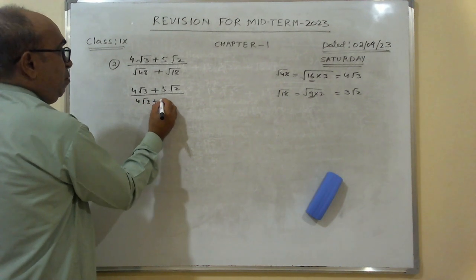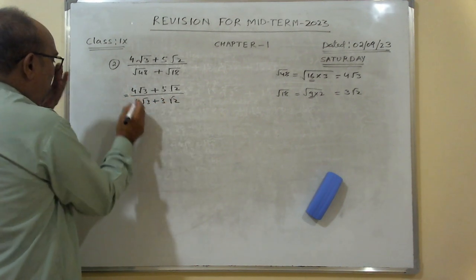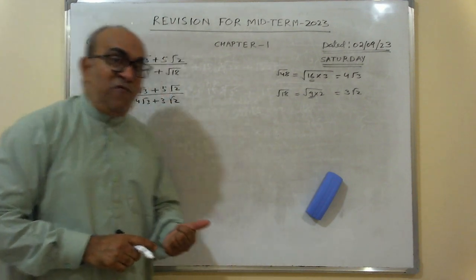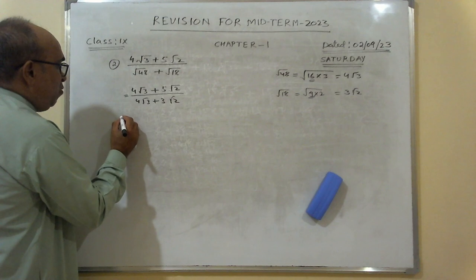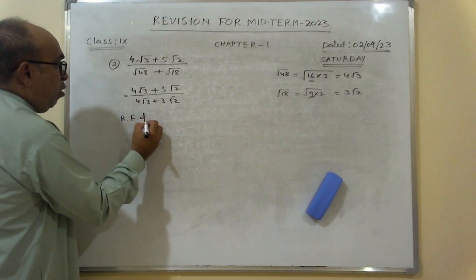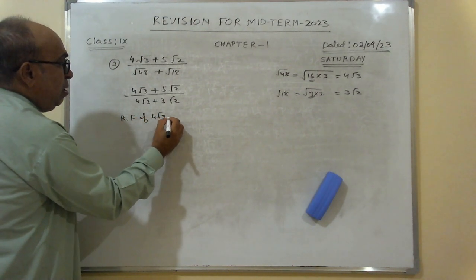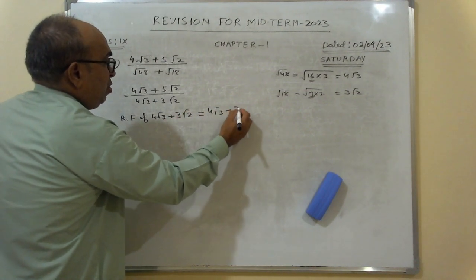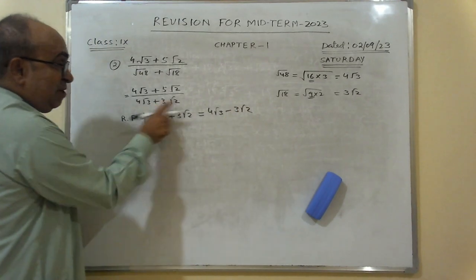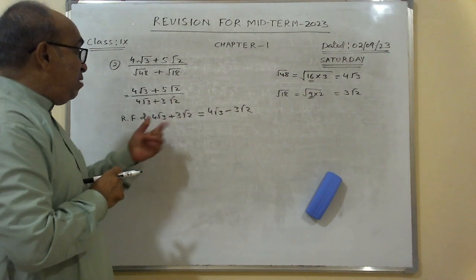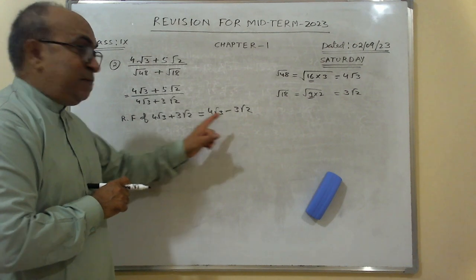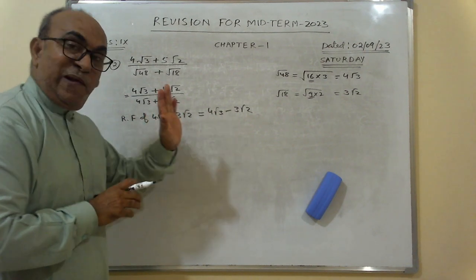4 root 3 plus 3 root 2. Then you have to write the rationalizing factor of the denominator. So we will write the rationalizing factor of 4 root 3 plus 3 root 2 equals 4 root 3 minus 3 root 2. This is the rationalizing factor of the denominator because there are two terms. So if there is plus, the rationalizing factor will contain minus. If it is minus, then it is plus. That you know.